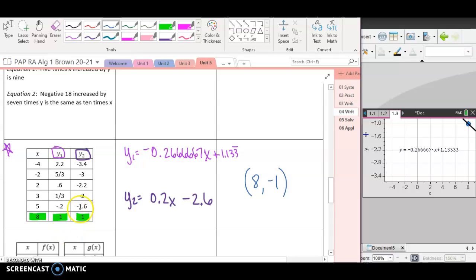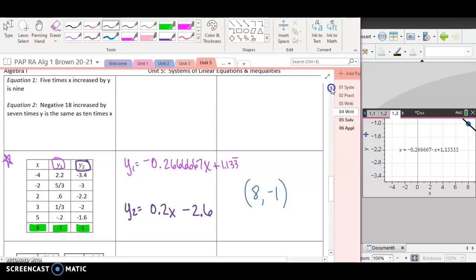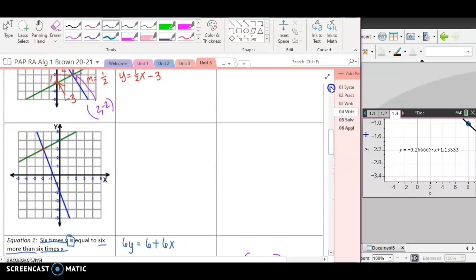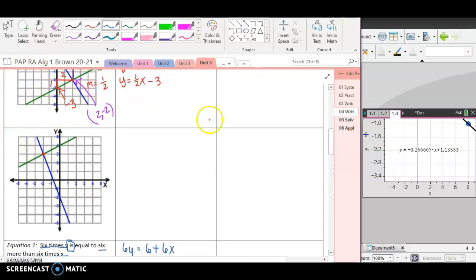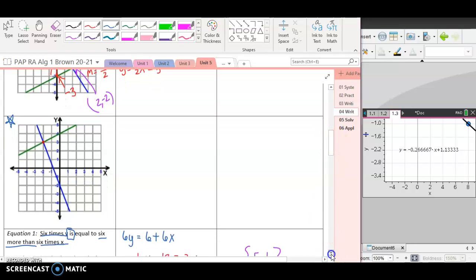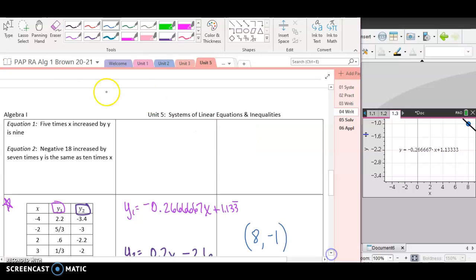Okay, so what your assignment is going to be is to, now listen, you have to do what I did for number 1. You have to do the same thing for number 2. You have to do this one. You'll take a picture of it and upload. You'll have to do this one right here. We'll change this and write 2 equations.